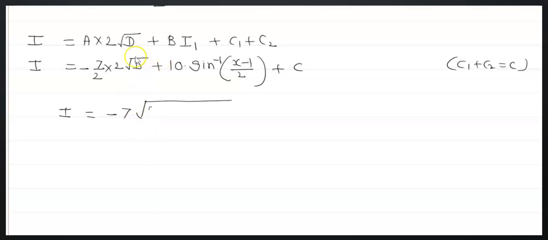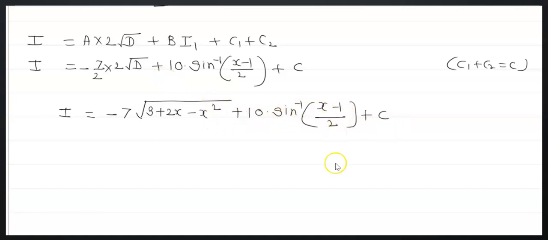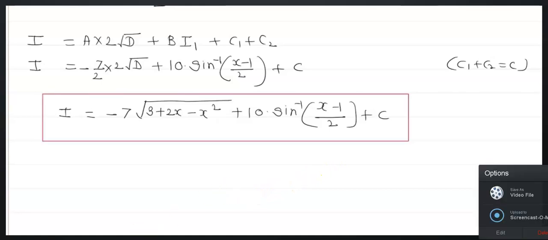Again we will substitute the value of d, that is minus 7 in root of 3 plus 2x minus x square plus 10 sine inverse of x minus 1 upon 2 plus c. This is the answer, that I is equal to minus 7 in root of 3 plus 2x minus x square plus 10 into sine inverse of x minus 1 upon 2 plus c.